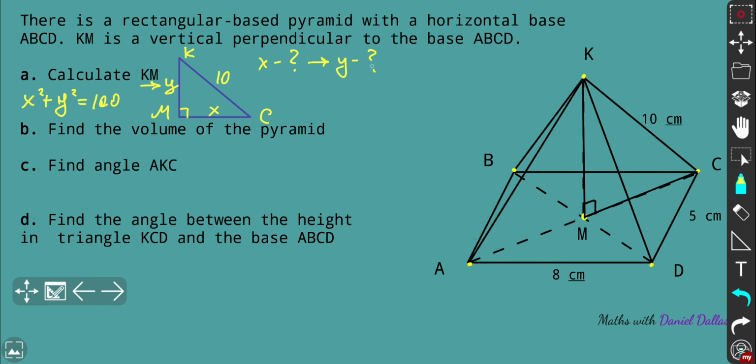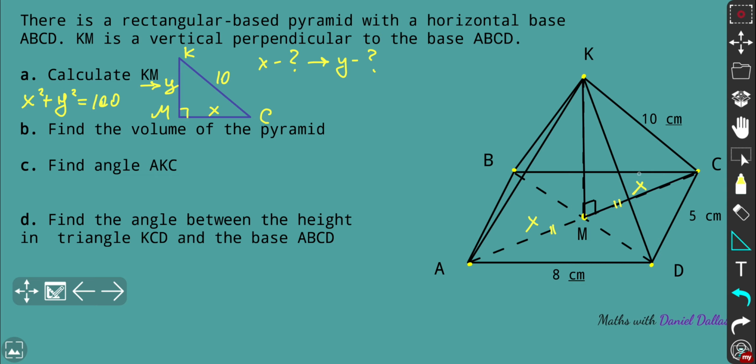So how to find X? X is right there. However, we know that if we double X, we'll have 2X standing for diagonal AC, because diagonals in a rectangle split into two equal parts with a common point M. So the two parts are identical, and we can consider triangle ACD.